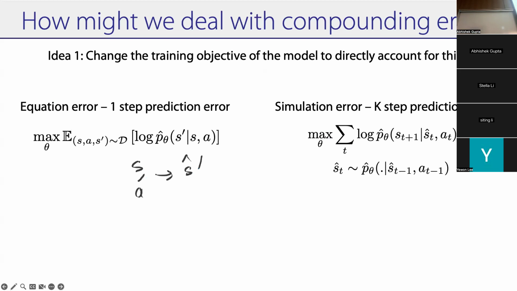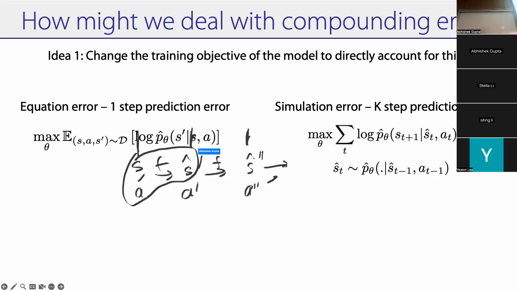You take that and A prime, run it through your model again, and it gives you S hat prime prime. You run it forward and minimize the loss on all of these. Earlier you were doing one-step loss. Now you can recursively run actions through your model and minimize multi-step loss.